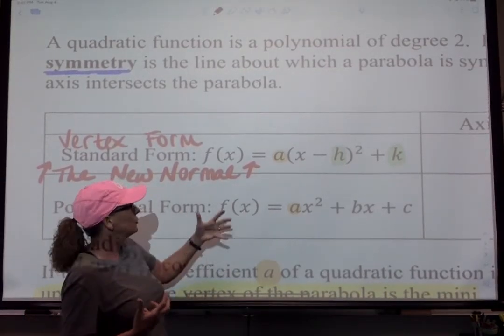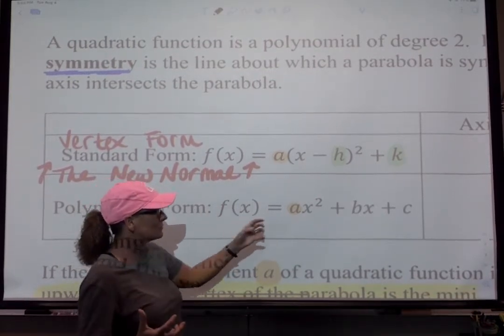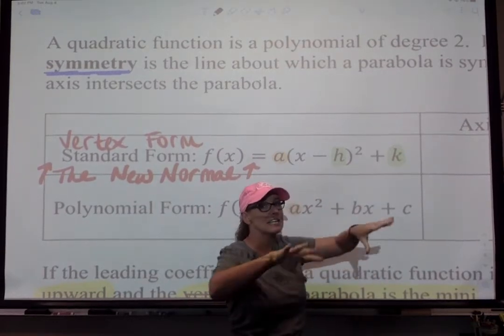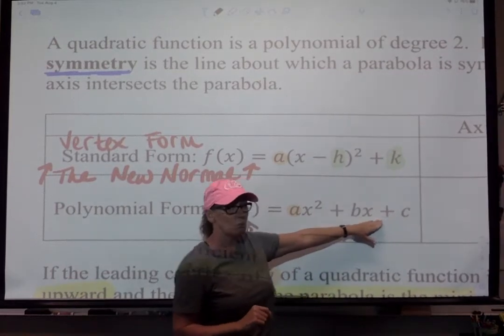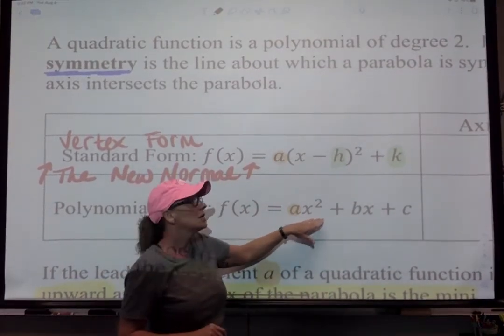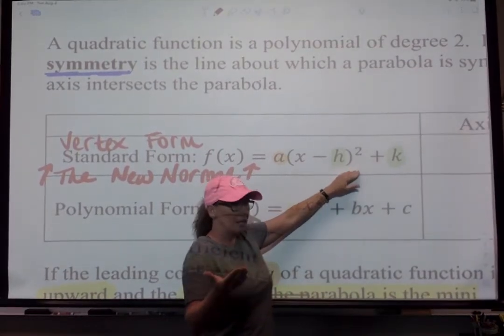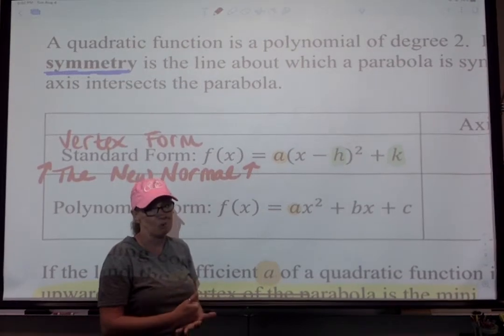I like to call the new form vertex form because what's cool about vertex form is the vertex jumps right out at you. You see what the vertex is right off the bat. You don't have to do any work. This takes some work to find the vertex. So this is called vertex form, aka now all of a sudden Pre-Cal calls it your standard form.